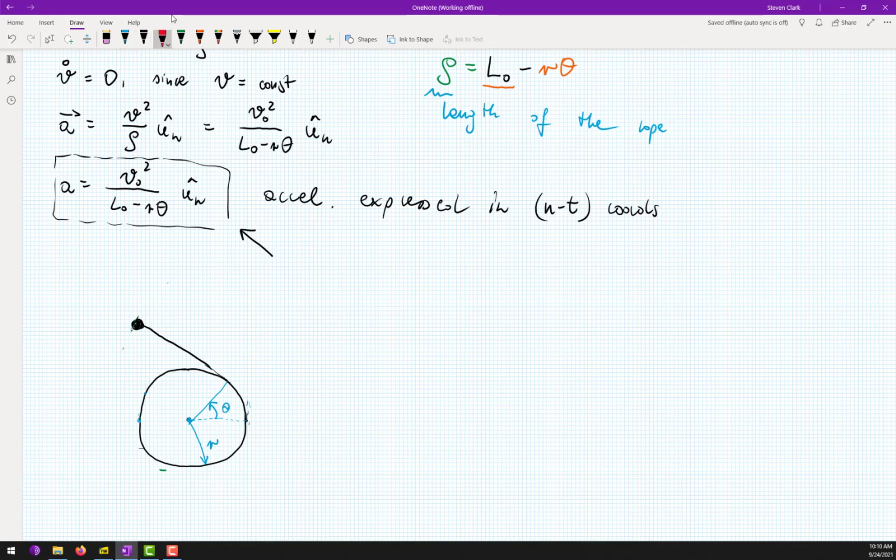First of all, I will define ut and un. I see that our a, which should be a vector, is aligned with un only. So our an points this way, so our a points this way. And that's all. Why did I make that drawing? Because I would like to smoothly go to part B, where they ask us to express it in i and j.